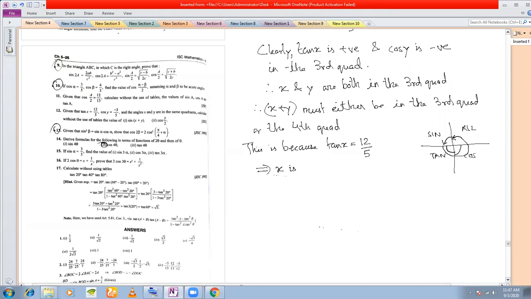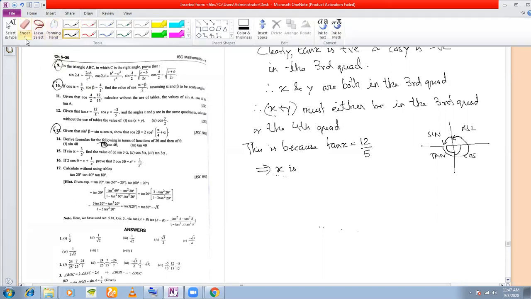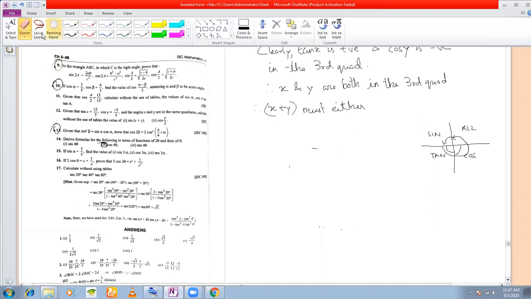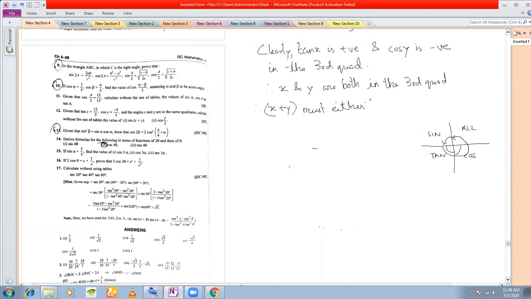So yes, x plus y can be in the first and the second quadrant also. So x plus y can be in any of the four quadrants.